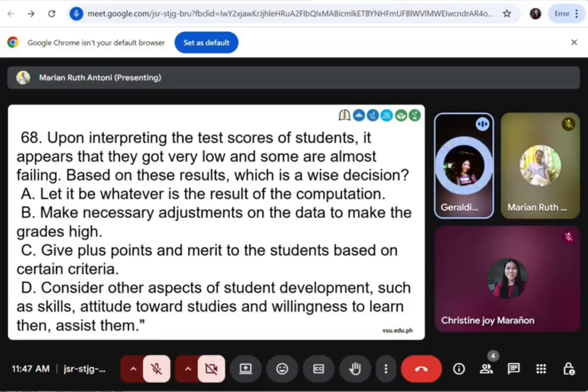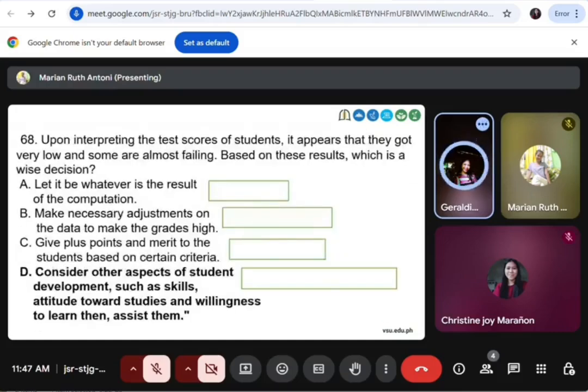B. Make necessary adjustments in the data to make the grades high. C. Give plus points and merit to the student based on certain criteria. D. Consider other aspects of students' development, such as skills, attitude towards studies, and willingness to learn, then assess them. So, what do you think is the correct answer?